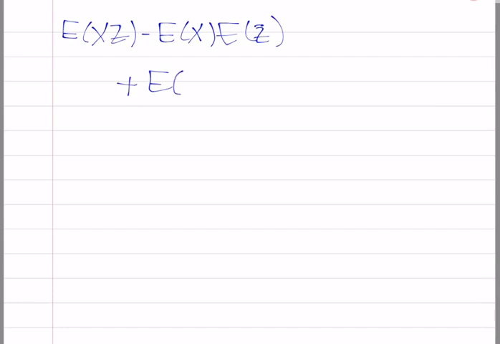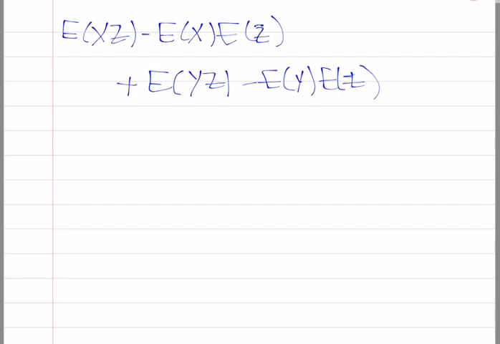We have expectation of xz minus expectation of x times expectation of z, and then plus expectation of yz minus expectation of y times expectation of z.